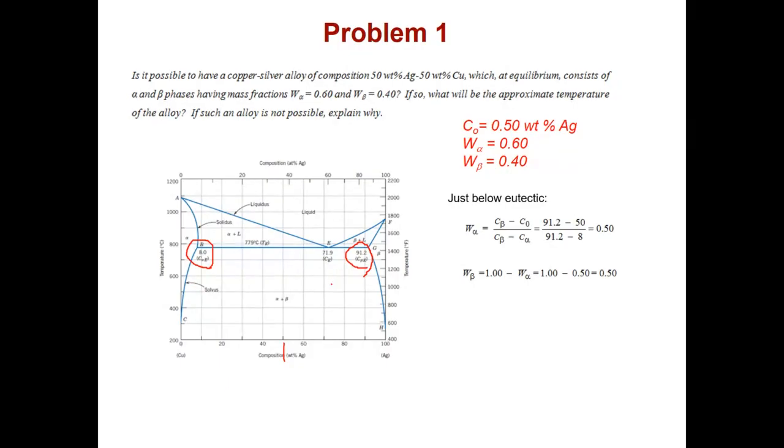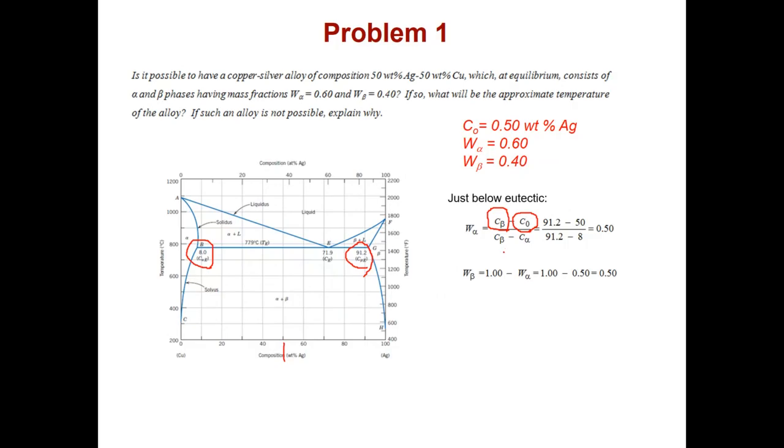So these figures, we take them out and we substitute these values into the equation. We have C of beta, which is equal to 91.2. We have the overall composition, which is 0.5, or 50% indeed.